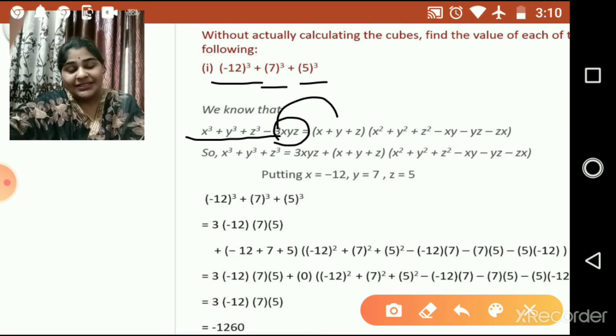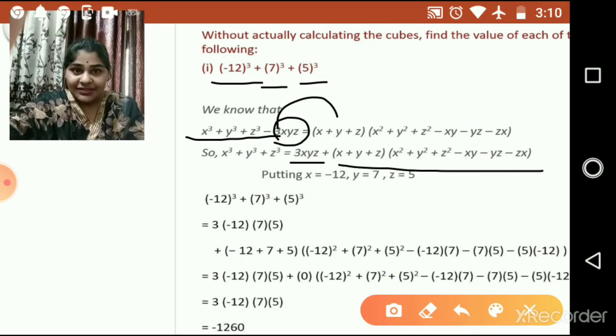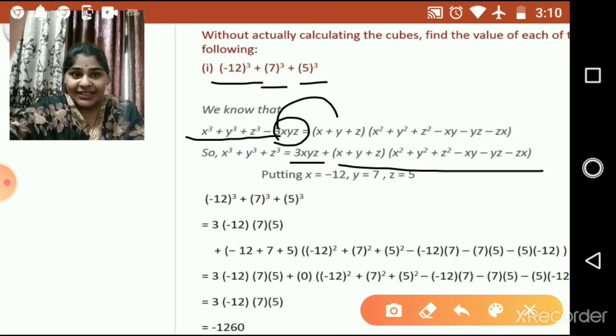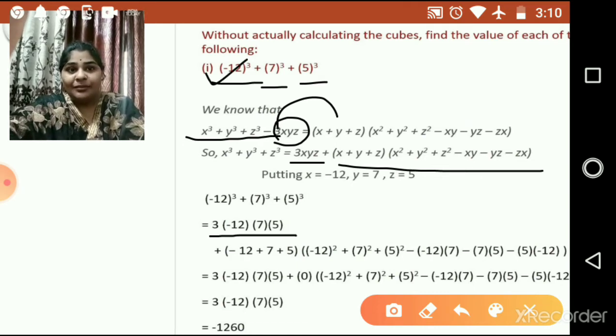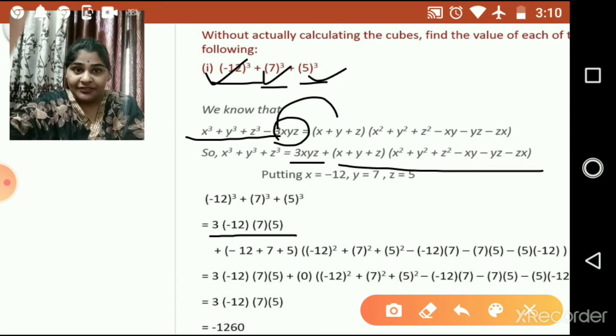It will become plus 3xyz. Now here you can see plus 3xyz and the remaining terms as it is. Now here we will substitute the values of x, y and z. So after substituting, you will get 3 into x into y into z. Now x is what? Minus 12, y is 7 and z is 5, right?